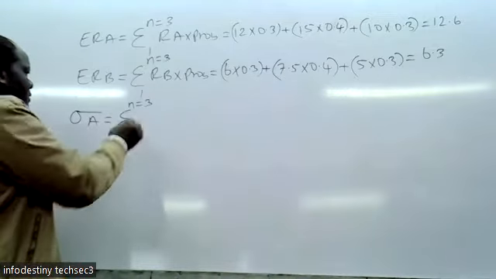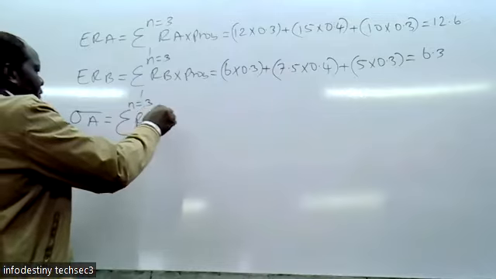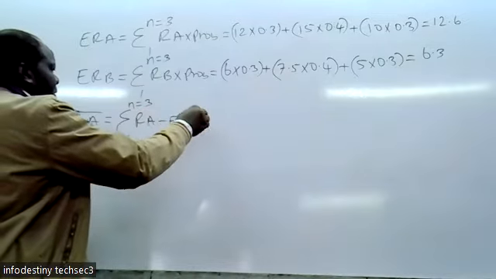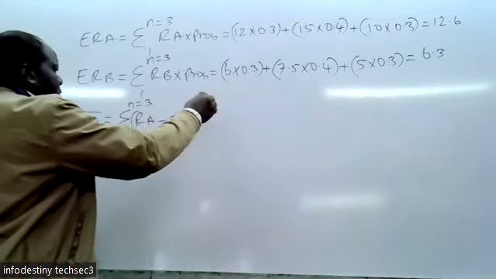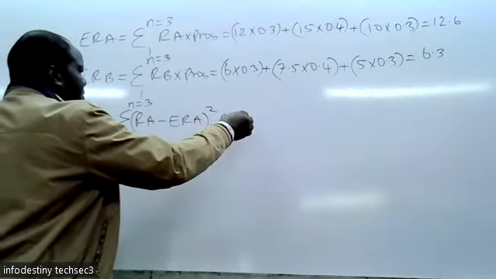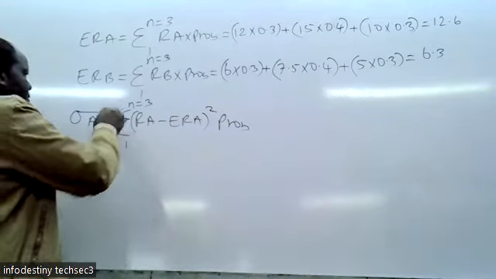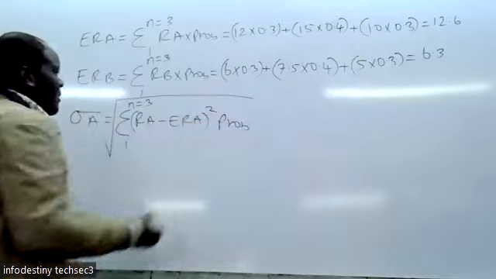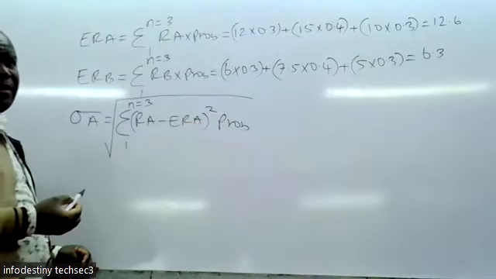There are 3 observations. So you take the return for A minus expected return for A. You square, then multiply by the probability, then we shall come up with the square root for that.